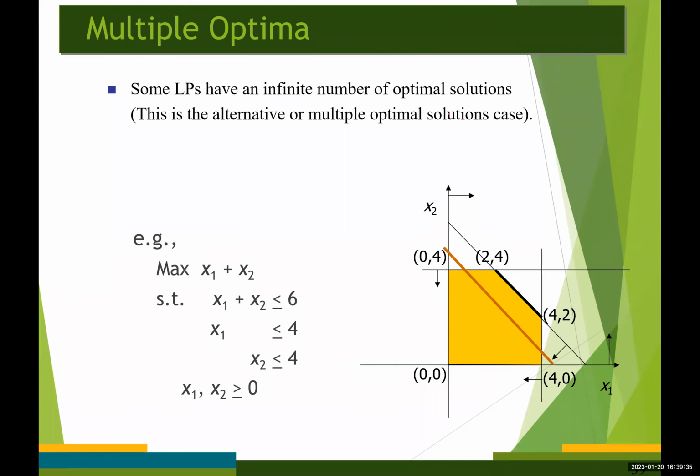In this case, one of the constraints has the same slope as the isovalue line. So in our case, the first constraint has the same slope as the isovalue line. So the feasible region consists of just this dark line segment between these 2 points.